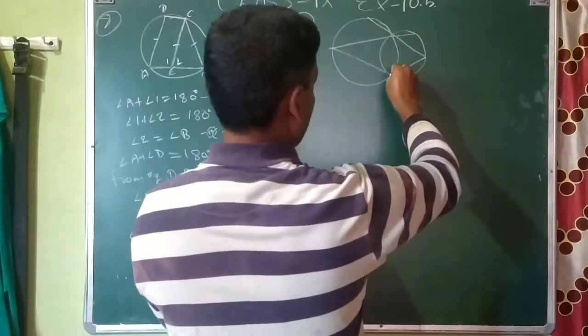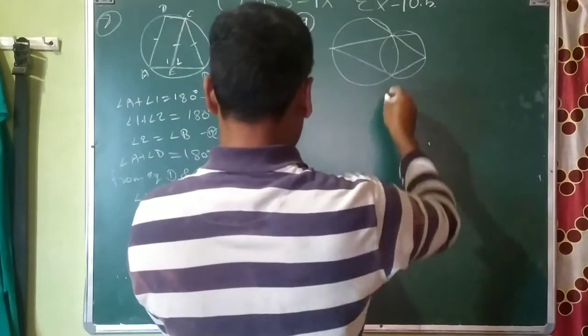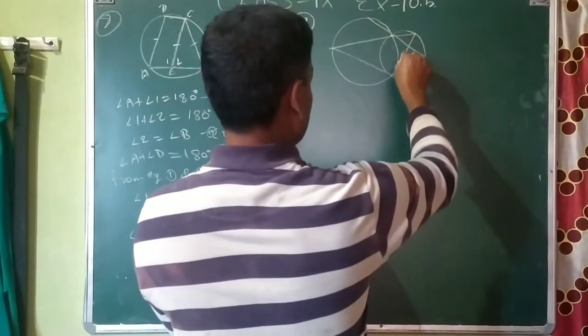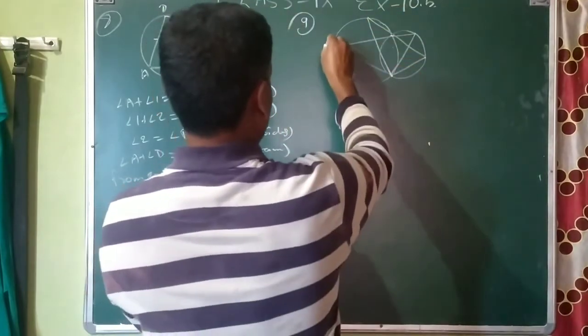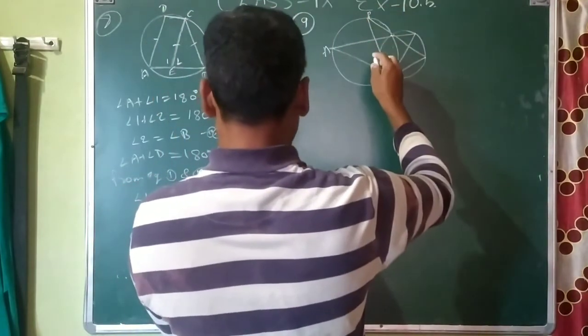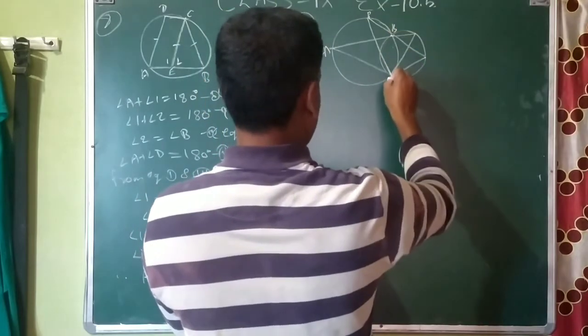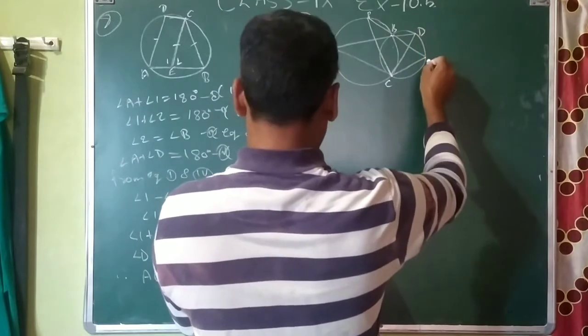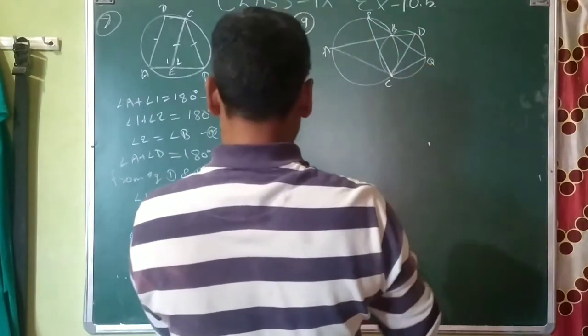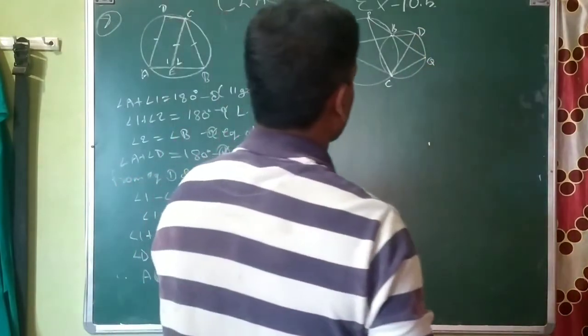This is a common point, and this one also joins, this one also joins. This is the question. A, P, B, that will be obviously A, C, D, Q.